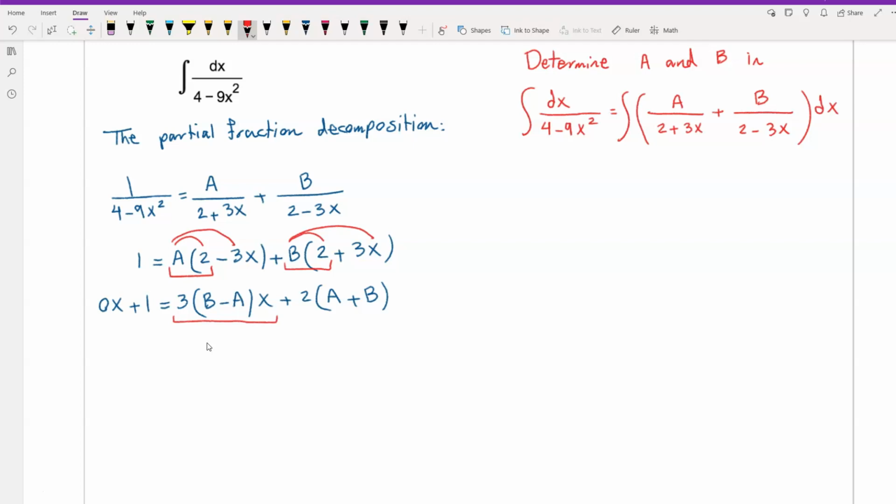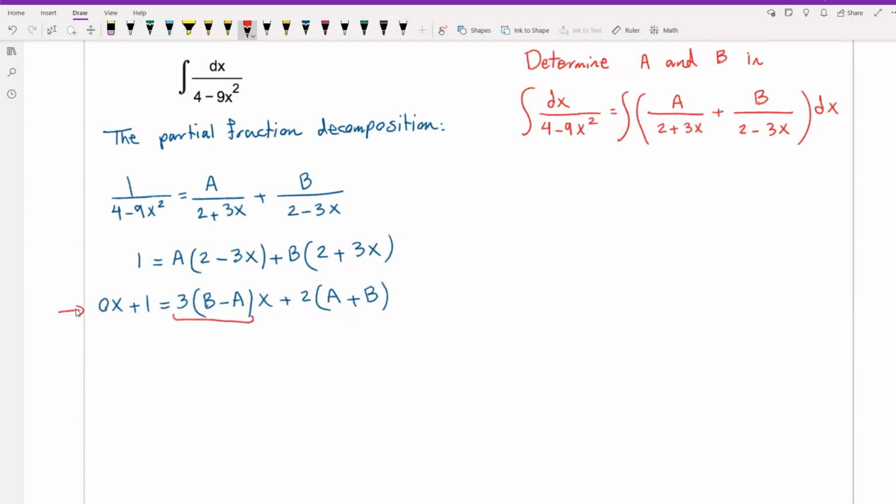And on the left side, here on the right we have x. I want to have the same thing on the left. But I don't have anything on this part. What that means is that it is 0 times x. So 0 times x plus 1 is on the left. So for this to be an identity, 3 times b minus a must equal 0. So that's one.